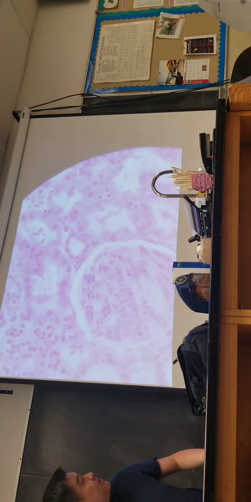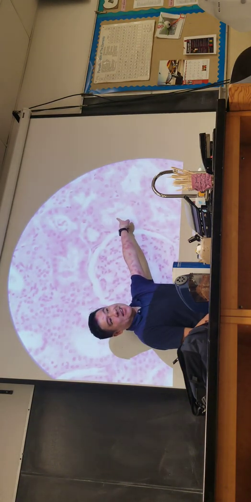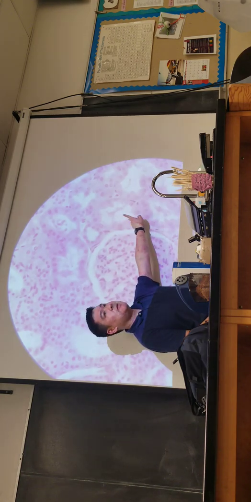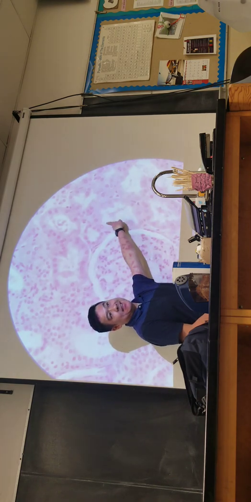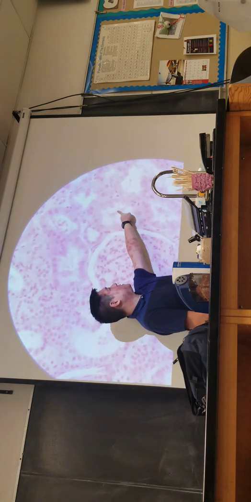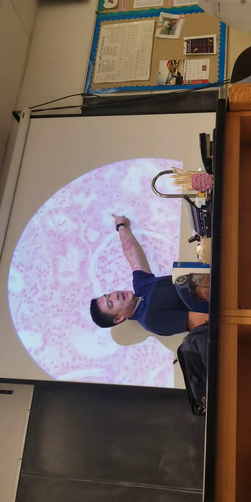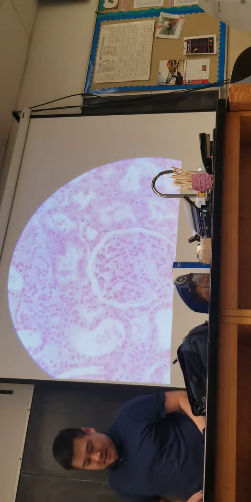Let's look at this tube. Which one is it? Proximal convoluted tubule. Why? Filled with villi. What type of villi? These are microvilli.